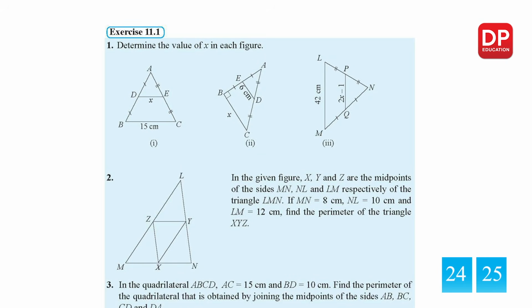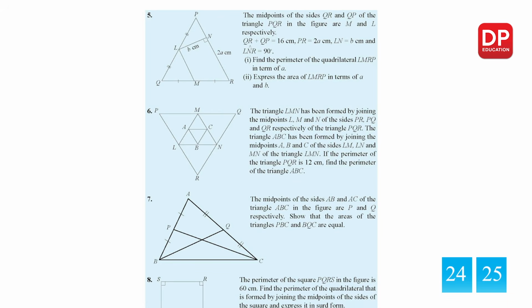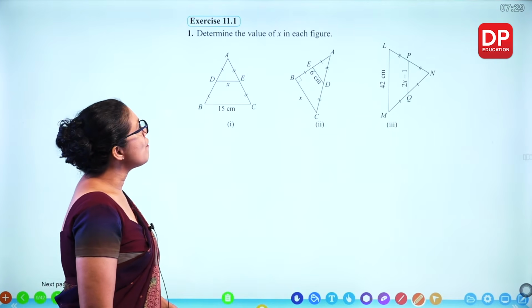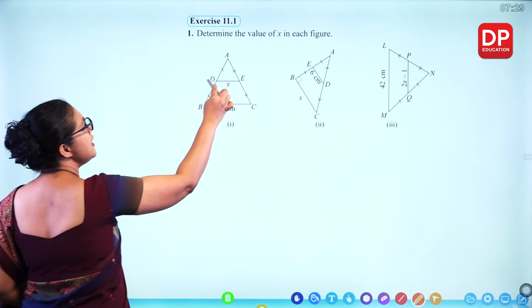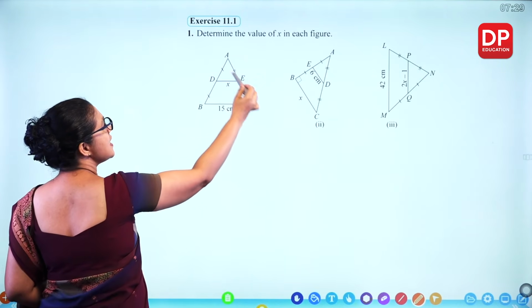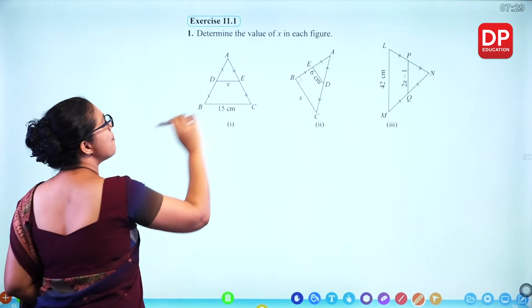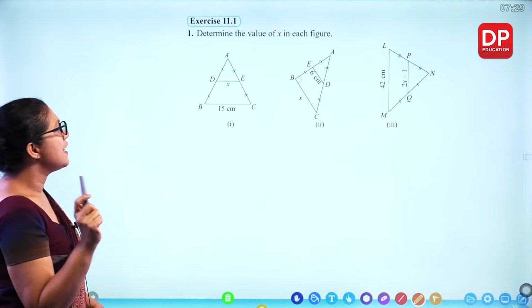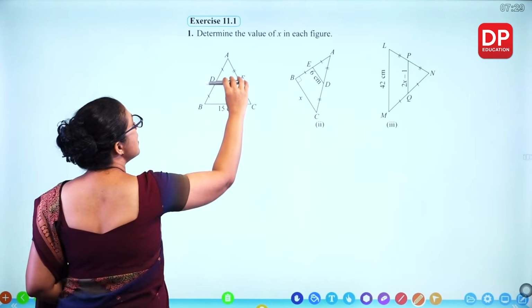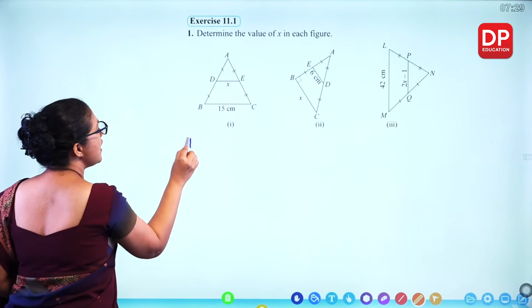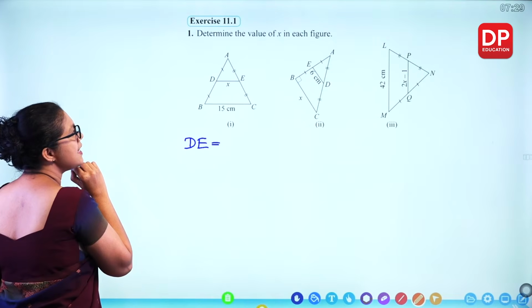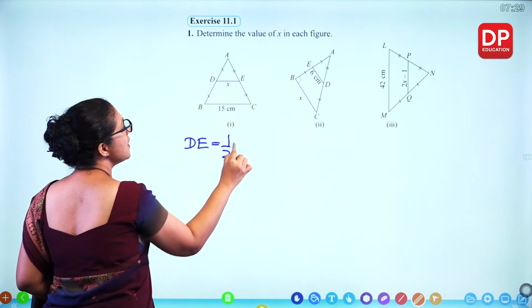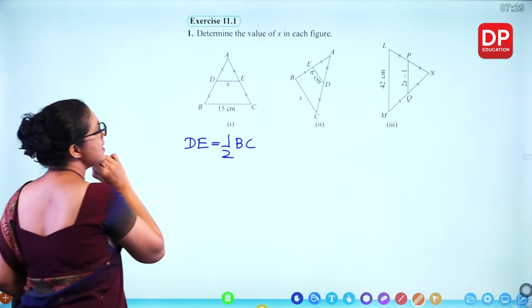Take exercise 11.1. First question, determine the value of x in each figure. So D and E are midpoints. We can see that. We can apply the midpoint theorem. If this is the line joining midpoints, so that's equal to half of the third side.